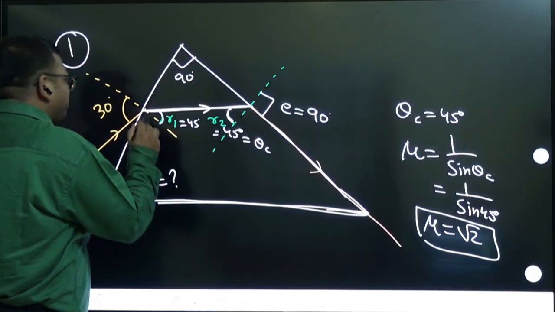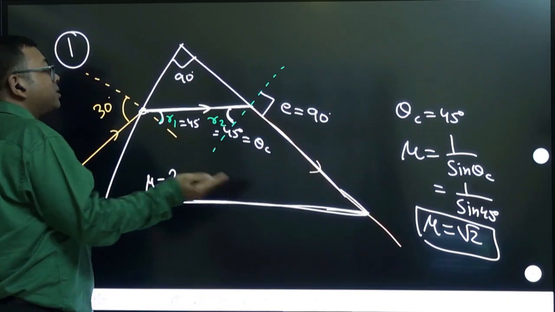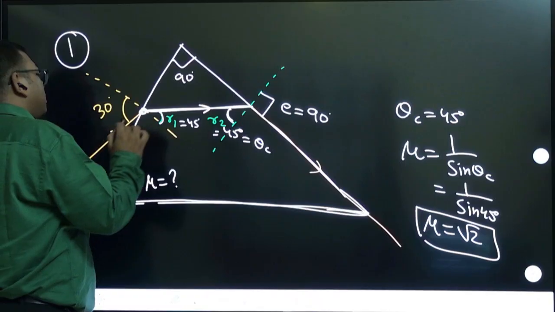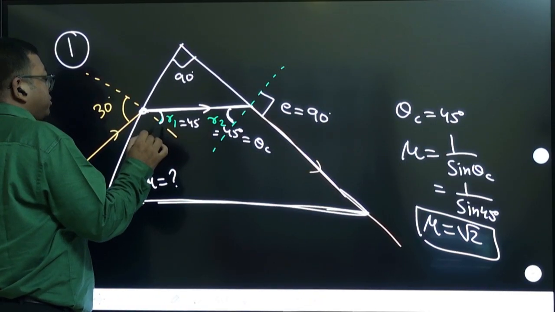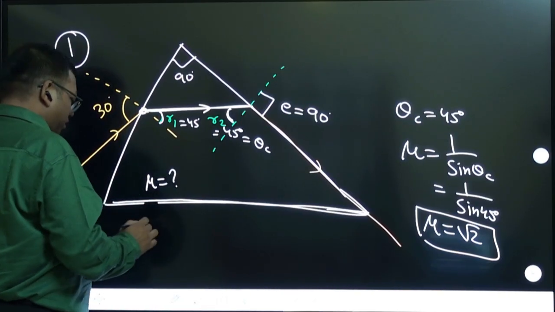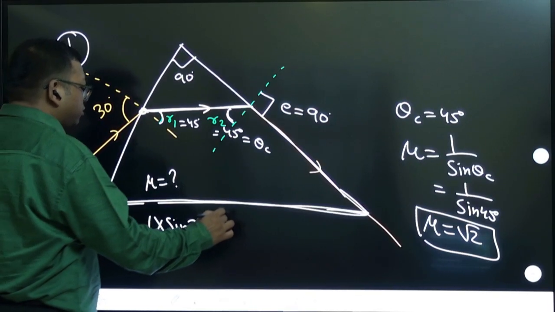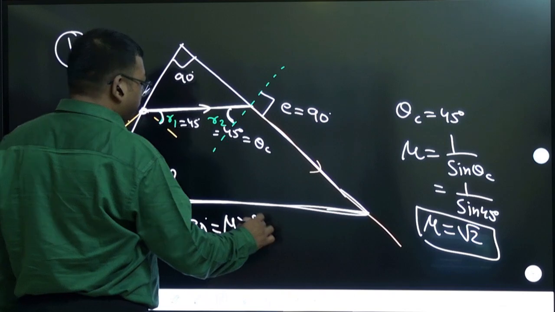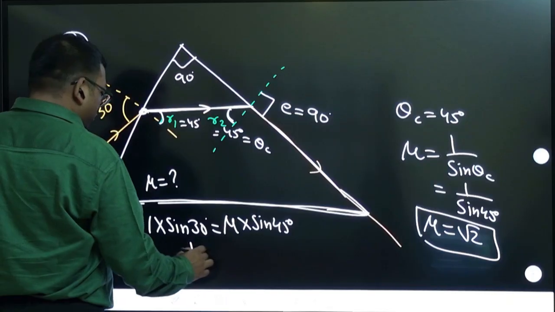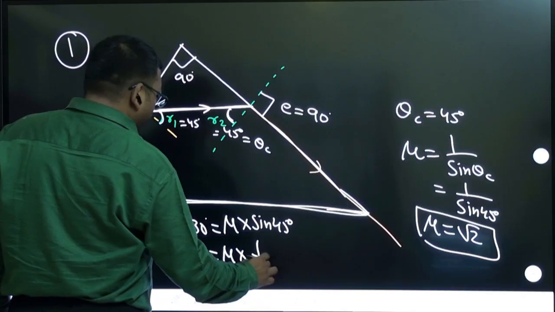And also, that formula and all these things come from these results only. So now, if I use from here again, 1 into sine of 30 degree is equal to mu into sine of 45 degree, law of refraction. So this is 1 by 2, mu into sin 45, 1 by root 2.